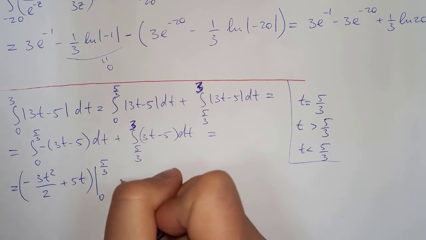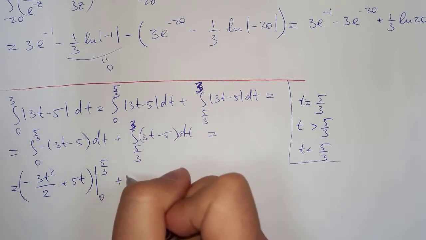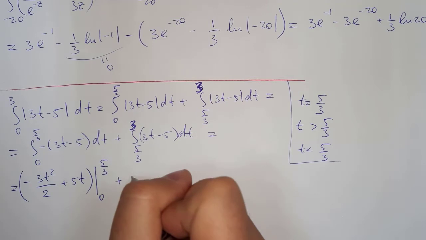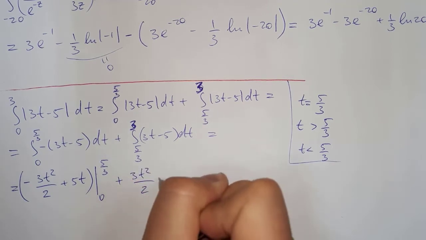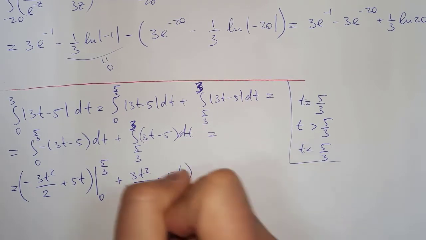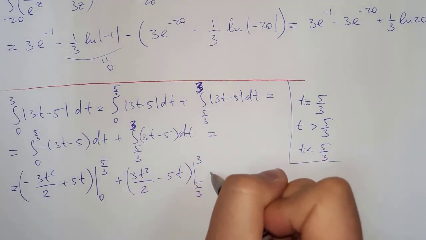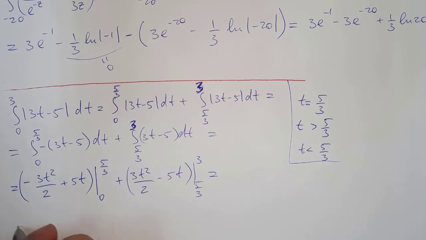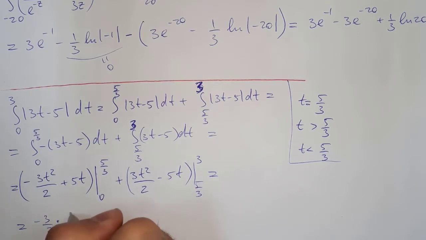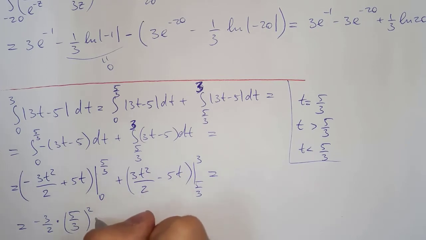And then the next one is plus 3t squared over 2 minus 5t on the interval 5 over 3 and 3. Let's find the value. So it equals minus 3 over 2 times 5 over 3 squared and plus 5 times 5 over 3. And when we put 0, it will be 0.